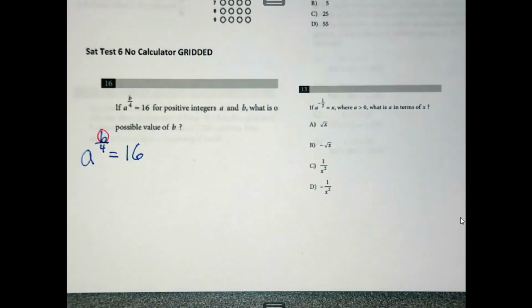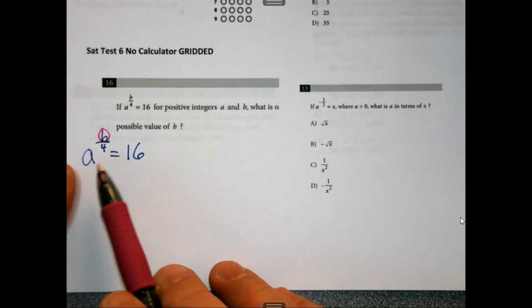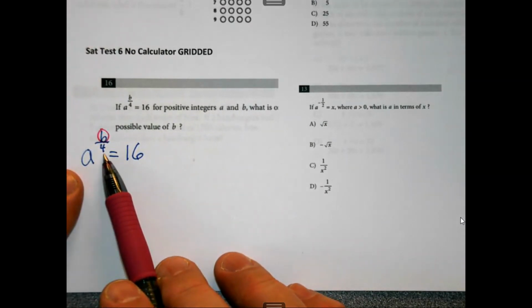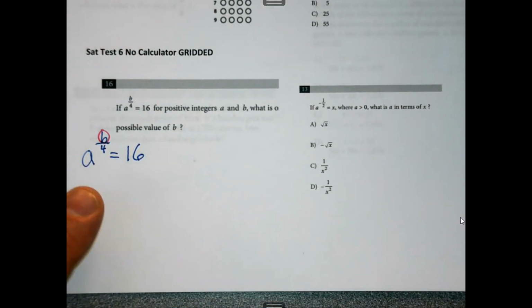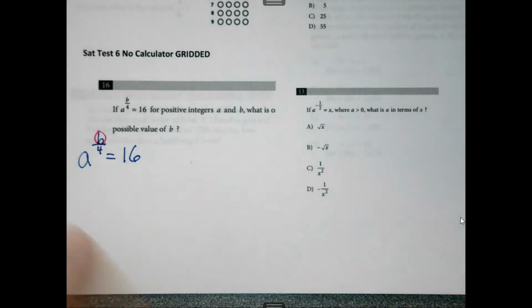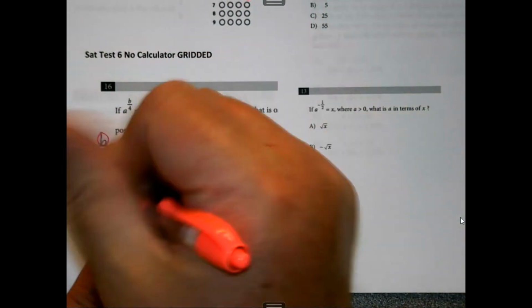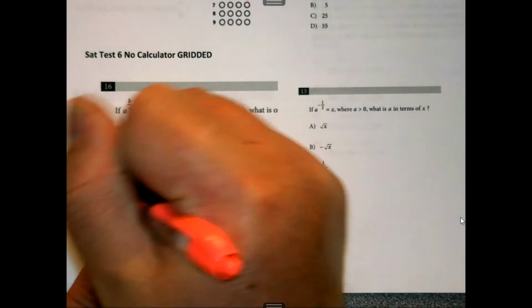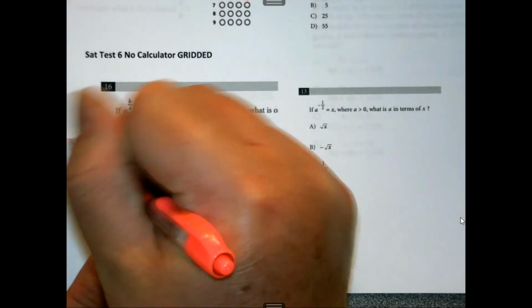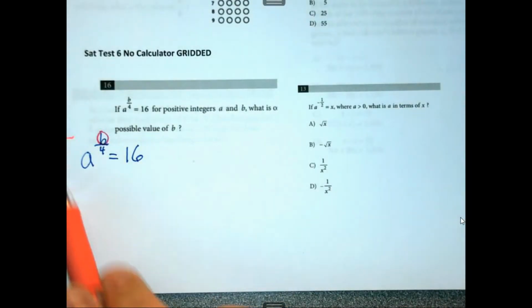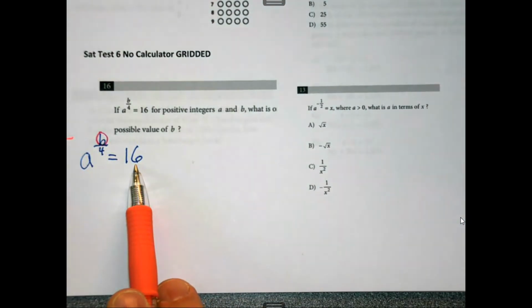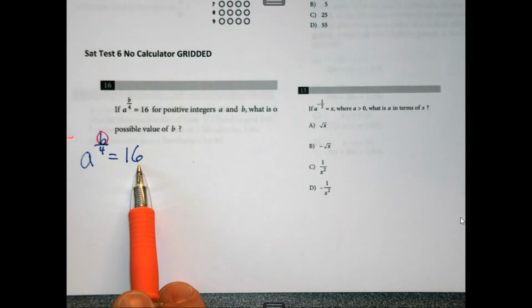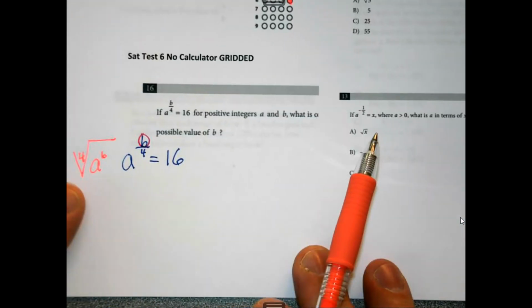Okay, so the first thing we have to do is we know that it's root 4, right? This is going to be A to the B with the fourth root. So I need to find the fourth root of 16. Oh, you can't see it?